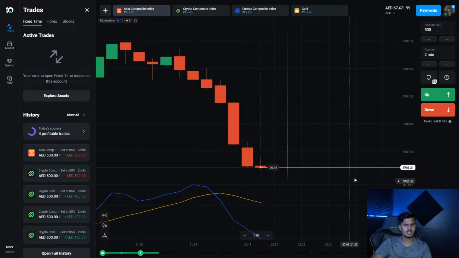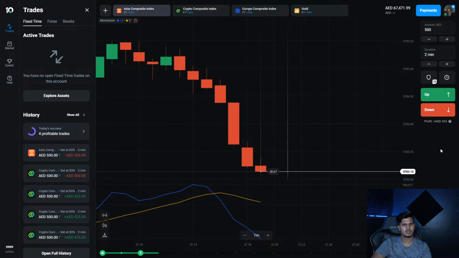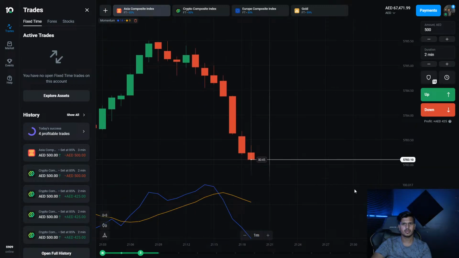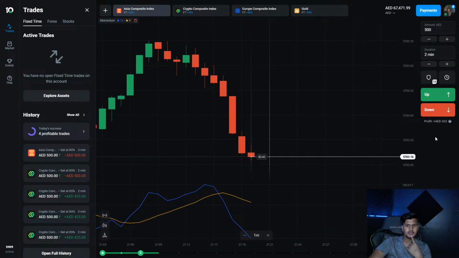Let's make one trade. Two-minute duration, one trade, and I think maybe I will make this the last trade.